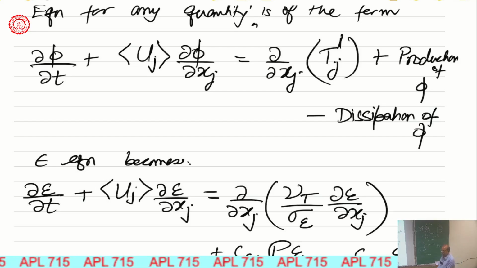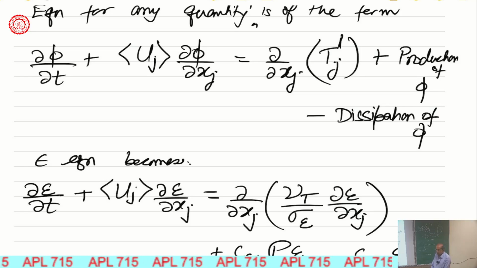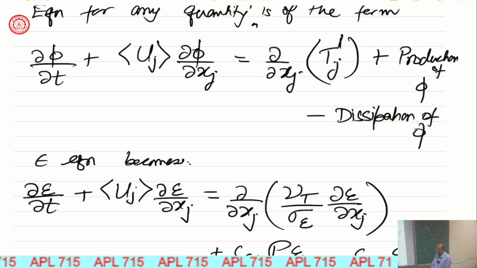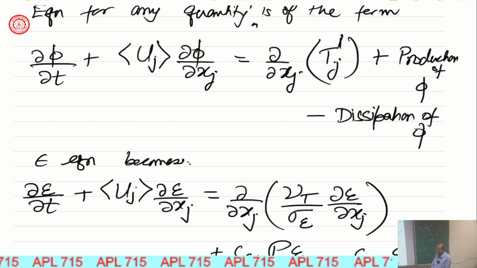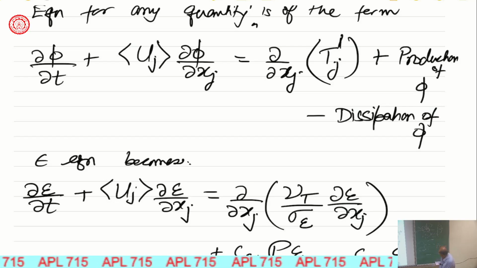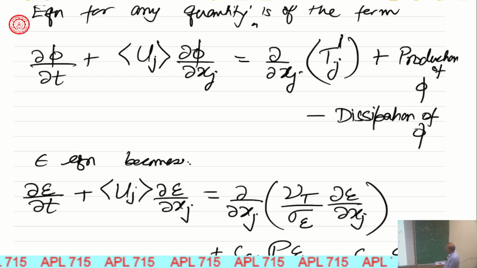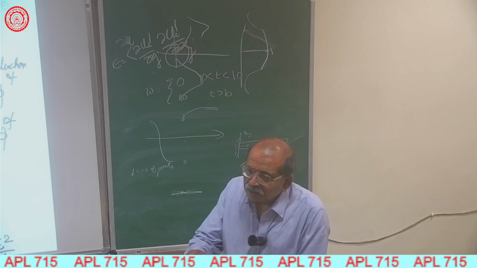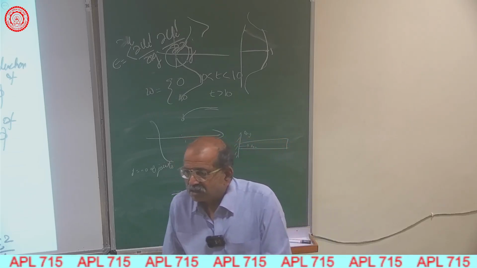So the condition that we get when epsilon goes to 0. When does epsilon go to 0? Well, probably it will go to 0 when you are at extremely small scales.